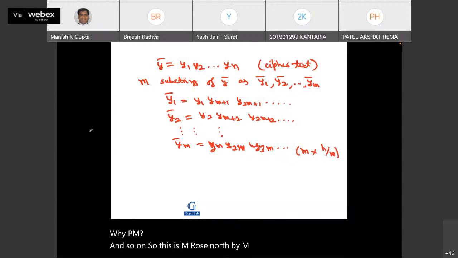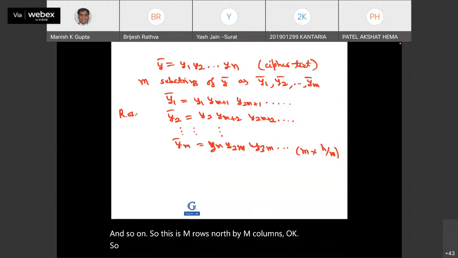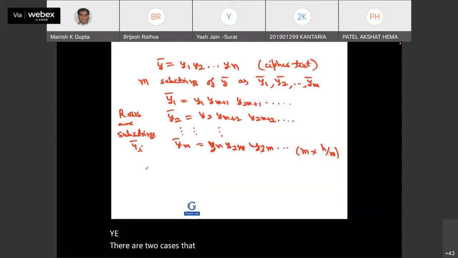So the rows are the substrings yi bar. But now there are two cases that may happen.